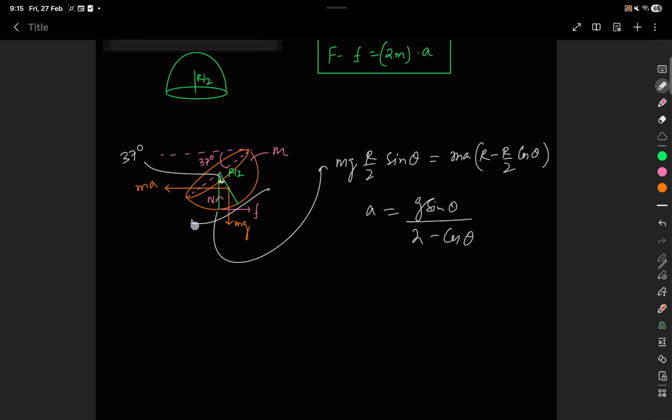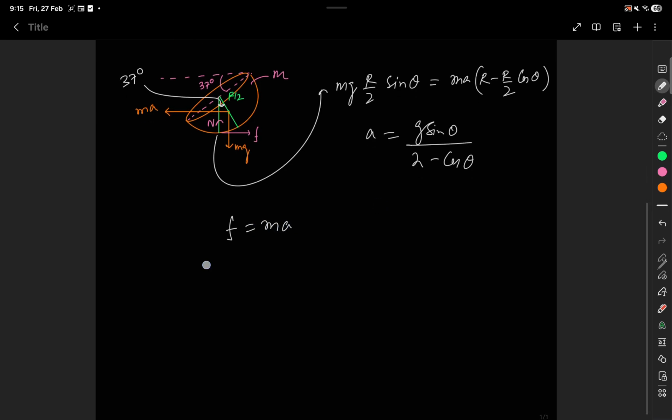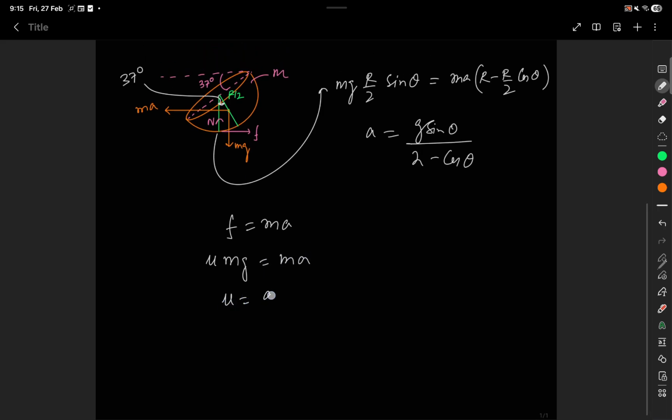As it is not slipping, you can write F should be equal to M into A. And F is mu into N, where N is mg. So mu mg should be equal to M into A. So mu is A by G. What is the value of A you are getting? G sin 37, which is 3 by 5, over 2 minus 4 by 5.